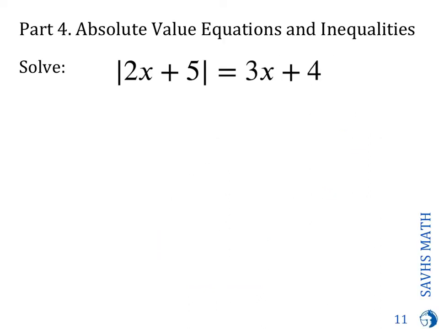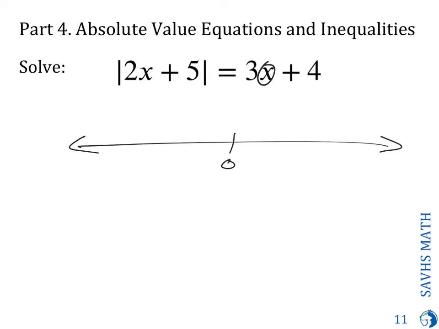Okay, so this is one of those ones where you need to really be careful about checking your extraneous solutions, especially when there's an x on both sides of the equation. But here's what we're going to do. We're going to do the same idea, but here's where 0 is.